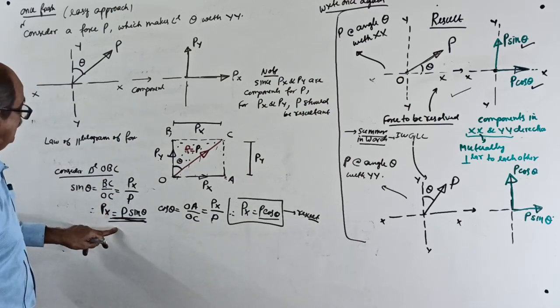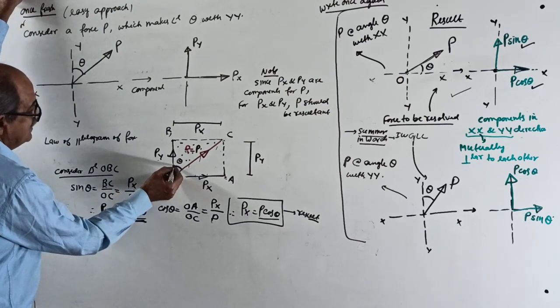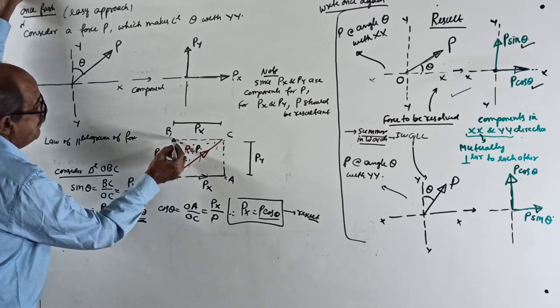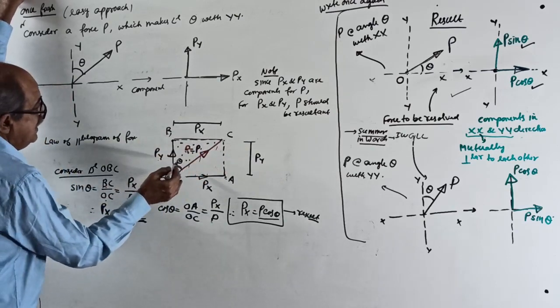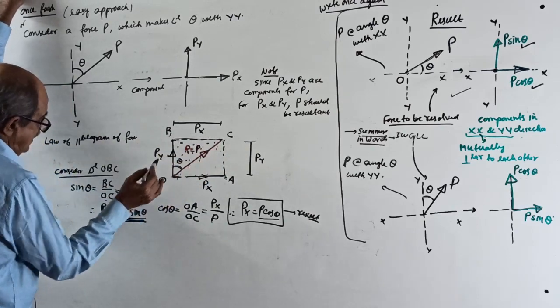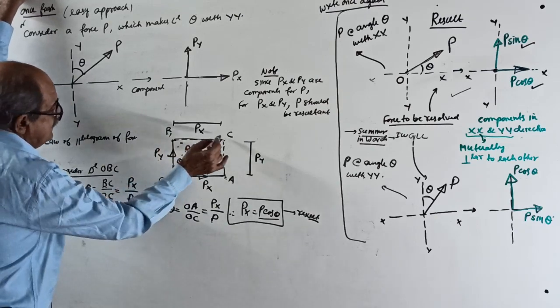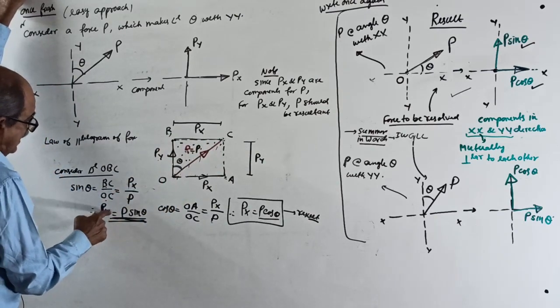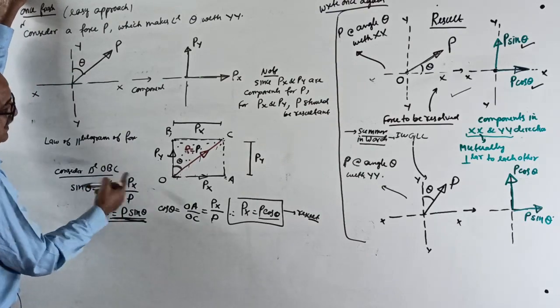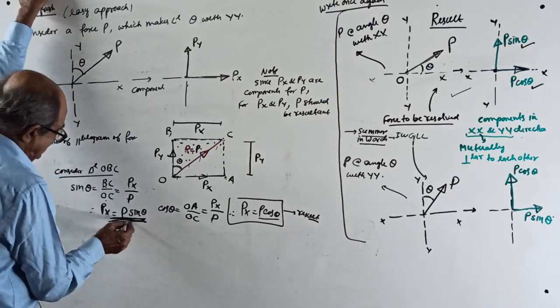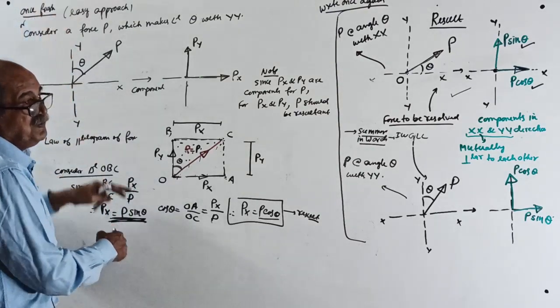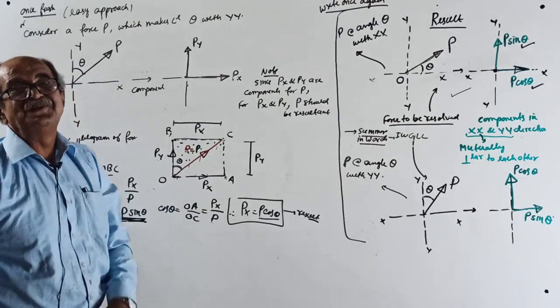Sin theta equal to BC by OC, but Px by R, or Px equal to P into sin theta, correct. Earlier it was Py. Oh, okay.